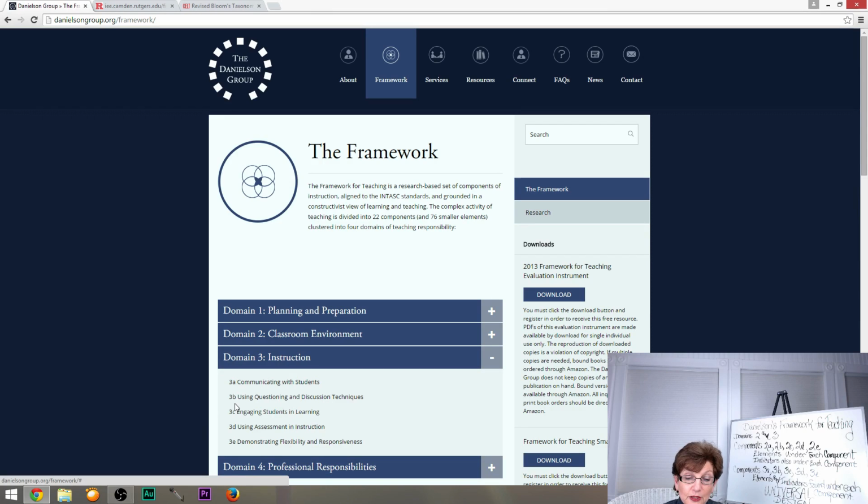Occasionally, for the purposes of review, teachers ask students a series of usually low-level questions. But that is not the level of which we're looking for in this element or component. We are looking for deeper thinking.